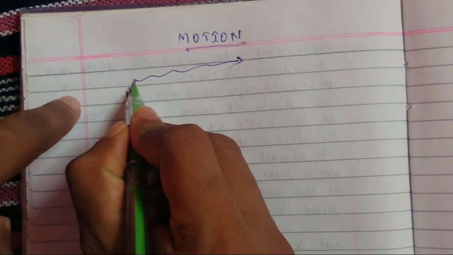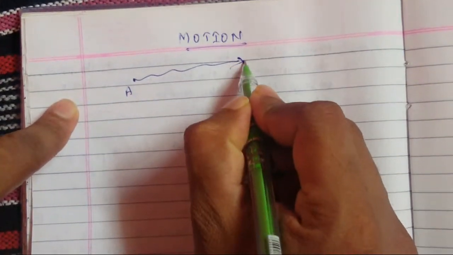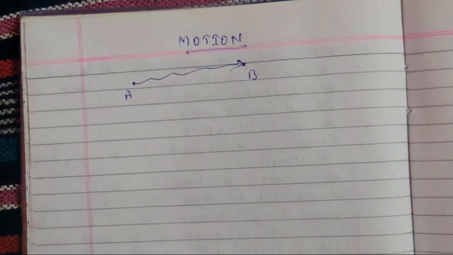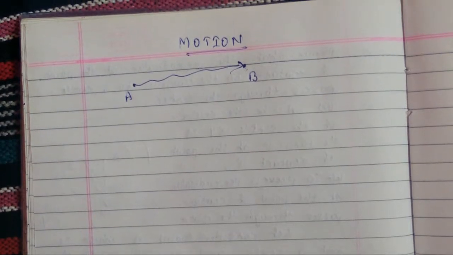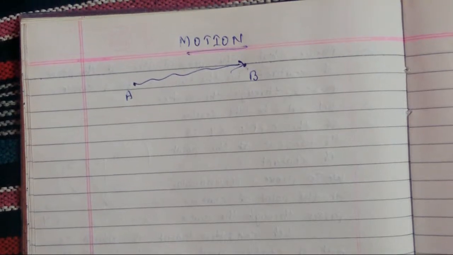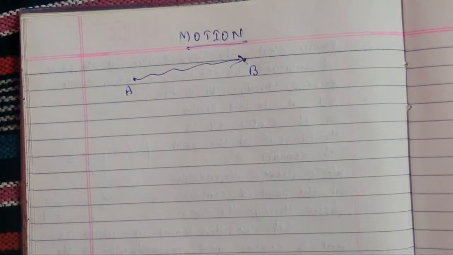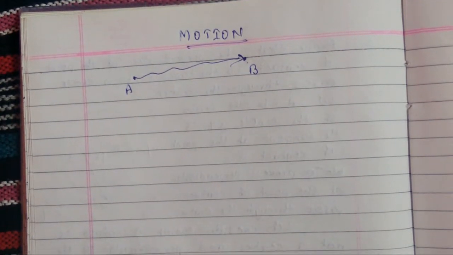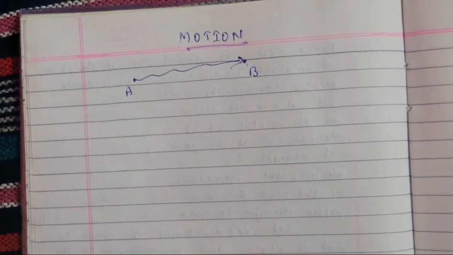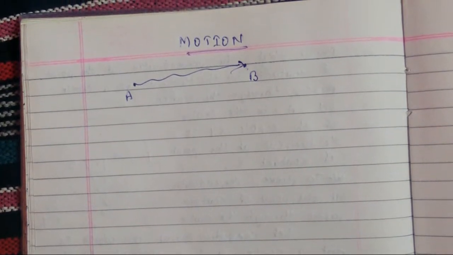See here, this is the position of object A. Now object A has reached another point, which I will call point B. So the object has changed its place from point A to point B, which means there is a displacement, or a change in the position of the object. When, by the application of force, an object changes its place from one point to another, that kind of behavior is known as motion.